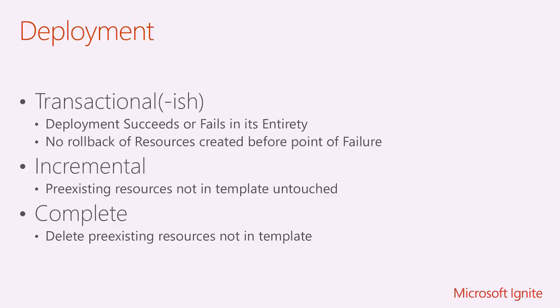And then there are two different ways that you can deploy templates. I hinted at earlier where you can deploy an Elasticsearch cluster onto an existing resource group that already has the cluster in it. That's called an incremental deployment. So you can just deploy over the top. Any pre-existing resources that are not in the template, i.e. the cluster that already exists there, are not going to be touched by that new deployment.